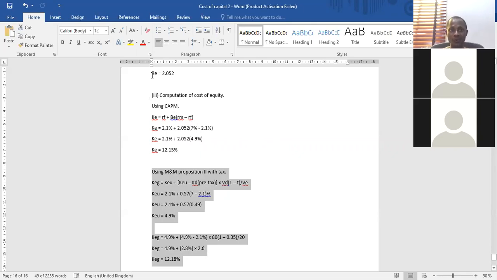The moment you have computed your beta of equity before, the CAPM is straightforward. But if you want to use M&M proposition 2, then you are going to spend more time.